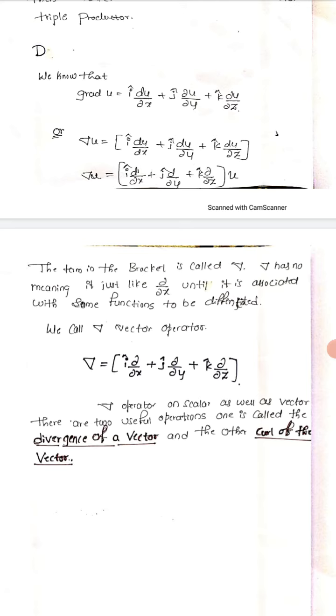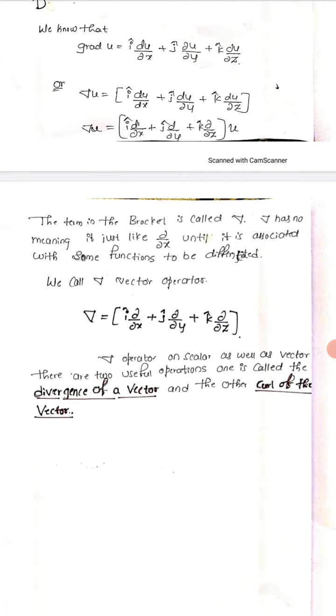Then i cap ∂/∂x plus j cap ∂/∂y plus k cap ∂/∂z acting on u. The term in the bracket is called the gradient. The ∂ has meaning only when it is associated with some function to be differentiated.